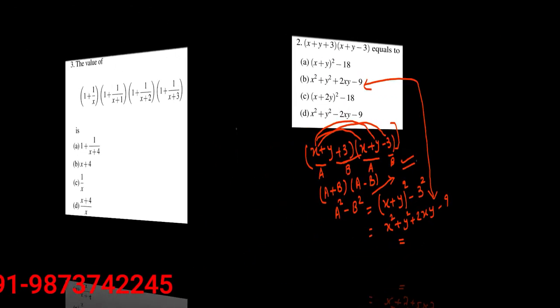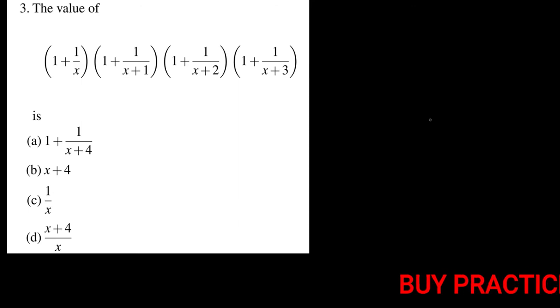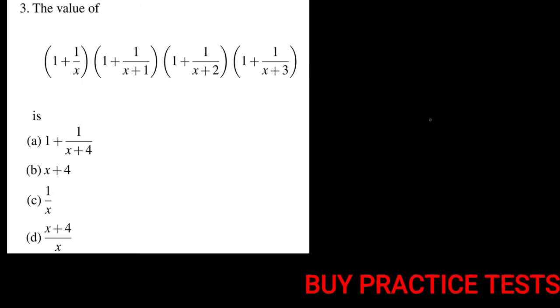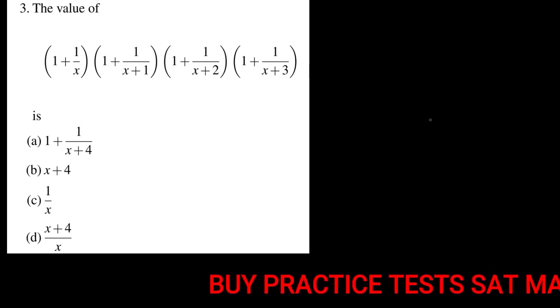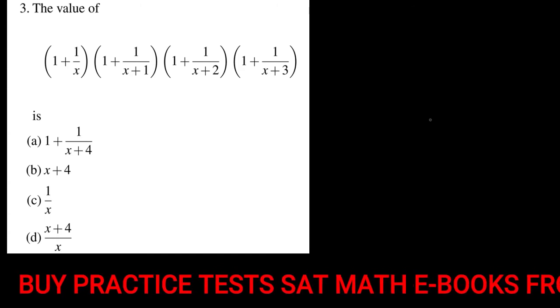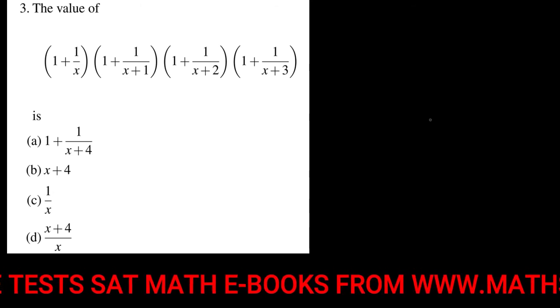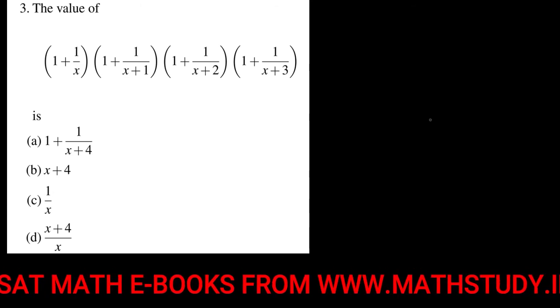So students, this is our question number 3. Here we have 4 different terms, and after simplification we have to tell which of the following options are correct, right? So here also we need not multiply all these terms, right? First we have to simplify the first bracket, then the second bracket, then the third bracket.